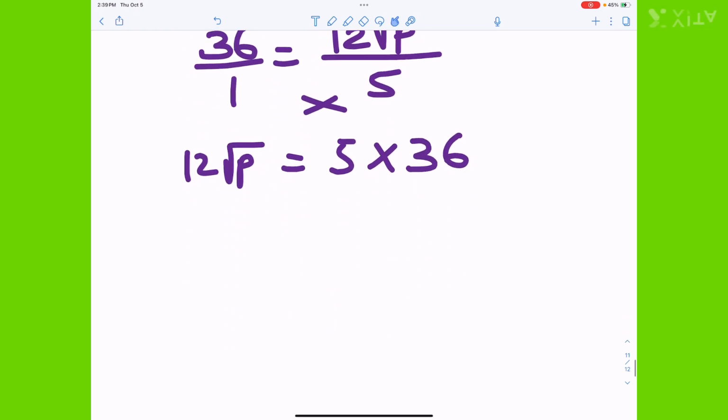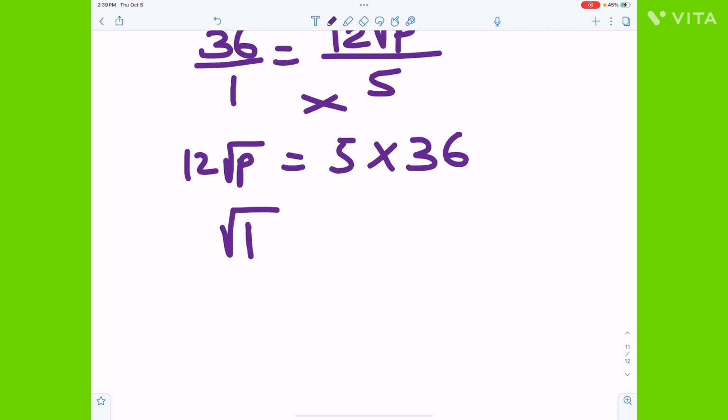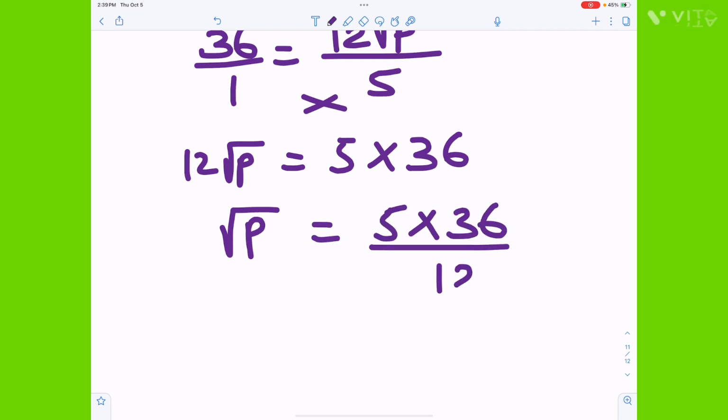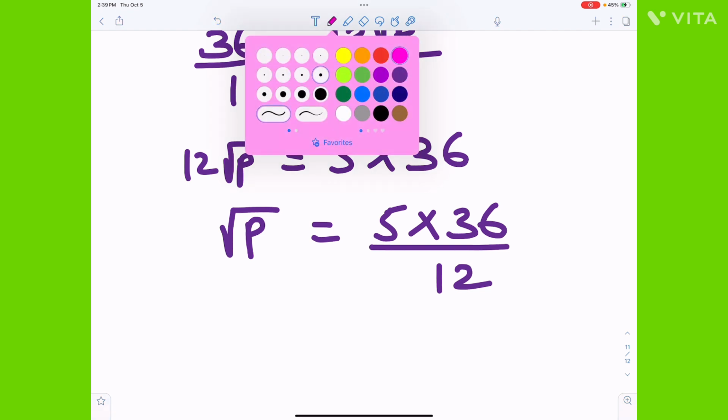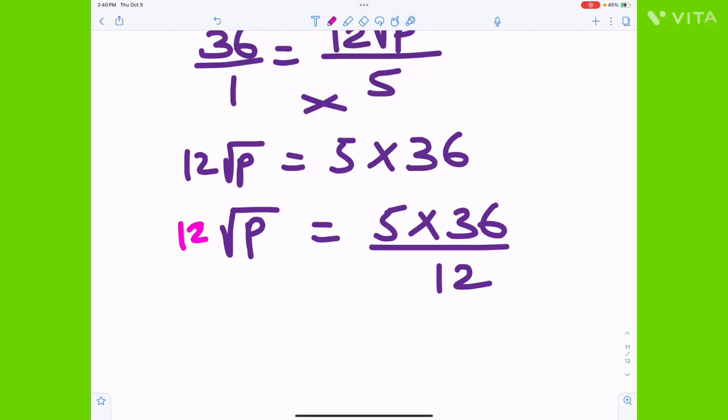How do we simplify this? This will give us root P is equal to 5 times 36 over 12. So you just divide both sides by 12. I divided this side by 12 and divided this side too by 12.